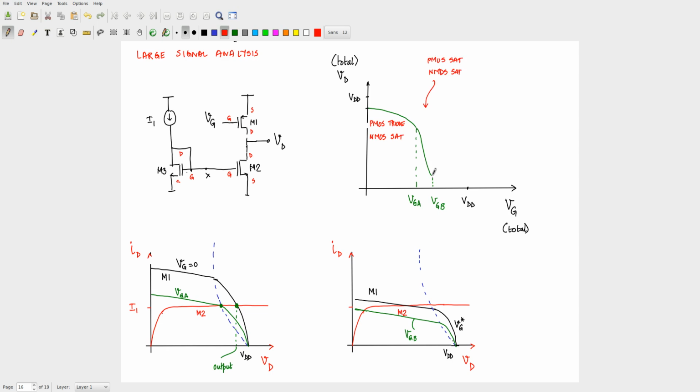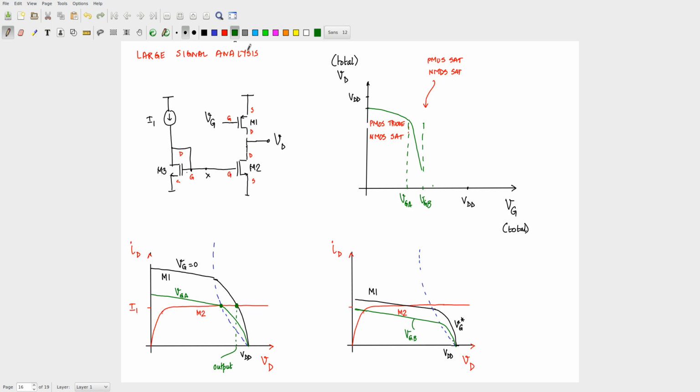Okay. Now, I think I have not drawn it very nicely, just bear with me. I need some more space this side. This is VGA, this is VGB. Okay. Now, you expect that when you decrease it further, what's going to happen?